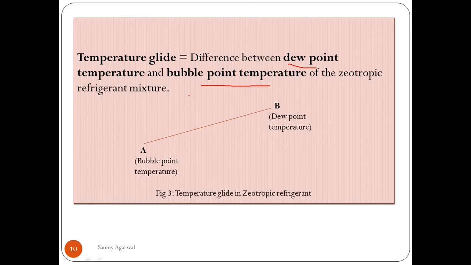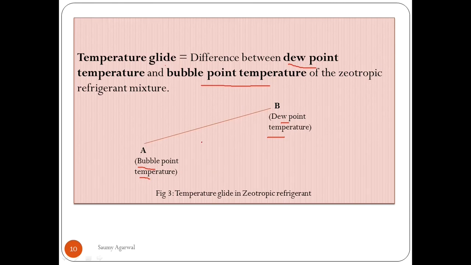So what is the bubble point temperature? Here this is the bubble point temperature and this is the dew point temperature. The bubble point temperature is the temperature at which the first bubble appears, or you can say the temperature at which the phase change starts. What phase change is happening here? The phase change is from liquid to vapor, okay?